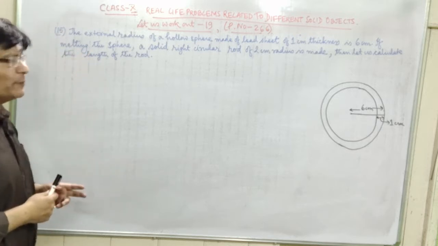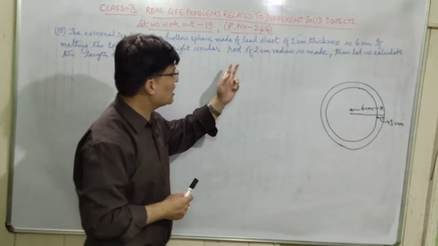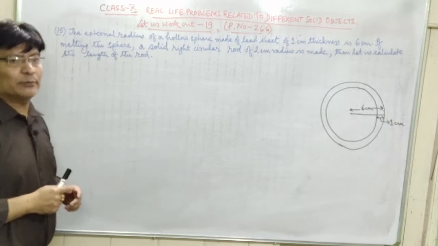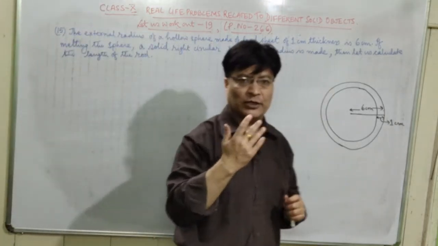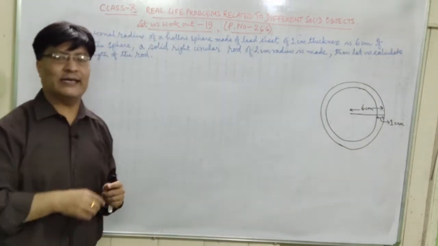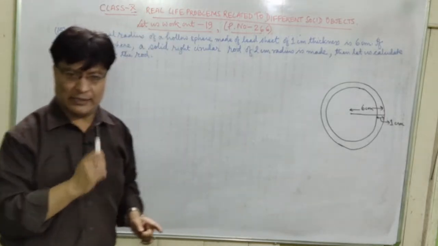Now, if melting the sphere, a solid right circular rod of 2 cm radius is made, then let us calculate the length of the rod. अब के गर्छ यो hollow sphere लाई मेल्ट गर्यो, गलायो, गलाएर एउटा राइट सर्कुलर रड बनाइन्दैछ जसको रेडियस कति छ 2 cm radius.